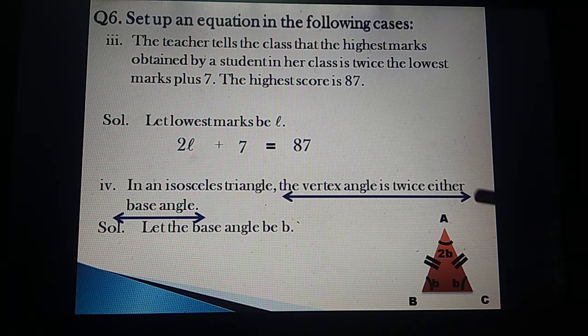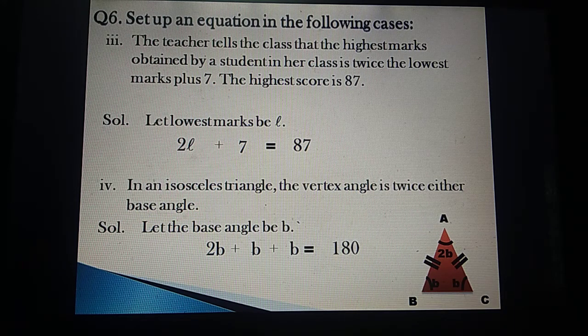Your first angle is 2B, then it's B, then again B. When we add all the three angles, the answer is always equal to 180 degrees. Now solve the left hand side. 2B plus B plus B will give you 4B equals 180.